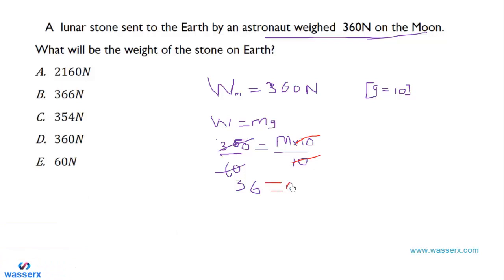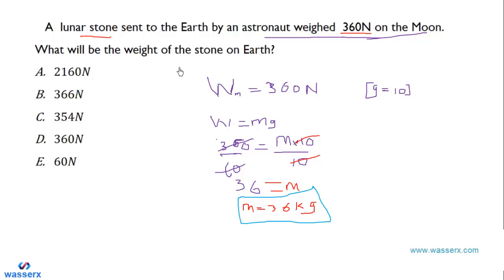So the mass is 36 kg. The mass of the lunar stone on the Moon is 36 kg, if we assume that the acceleration due to gravity is 10 on the Moon.